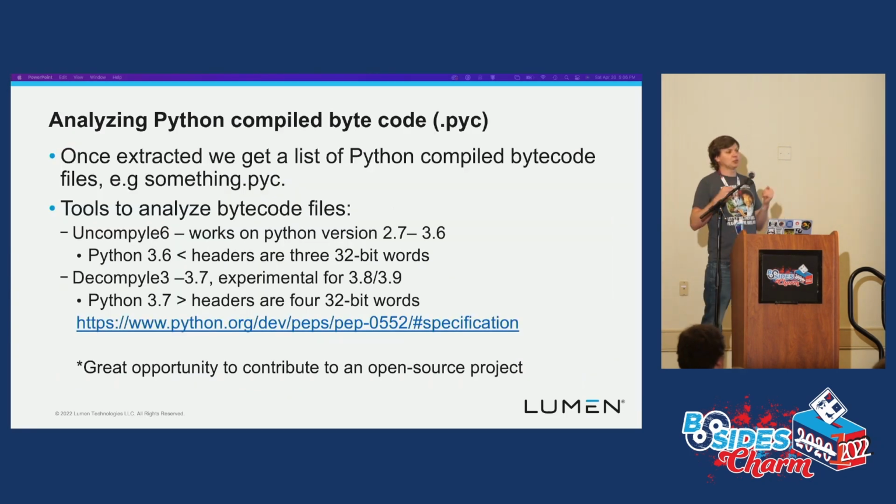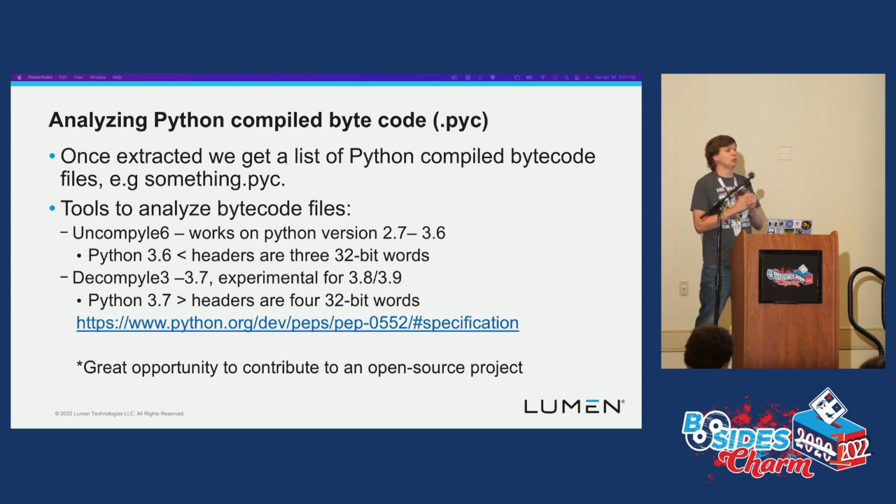And then once we deconstruct that and get back to the Python bytecode, there are two projects I want to highlight that I really like. I did not write any of these, so full credit to those guys. One is called uncompyle6, and the other is decompyle3. The difference is uncompyle6 works for Python 2.7 up to Python 3.6 versions. If you have something written above Python 3.6, I would recommend decompyle3.